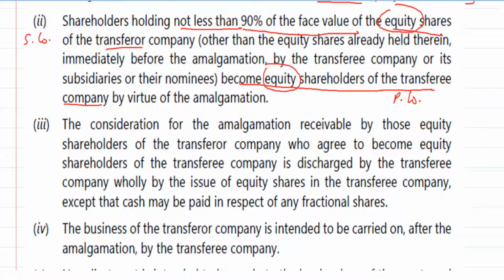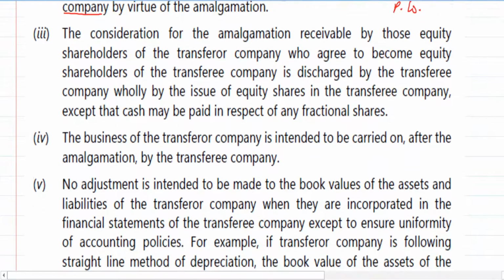So you are an equity shareholder of the selling company. The purchasing company pays you in cash. If the purchasing company pays you in cash, then you will never become an equity shareholder of the purchasing company. You can become an equity shareholder of the purchasing company only if the purchasing company issues shares to you. So that is the continuation. Okay, that is the third condition.